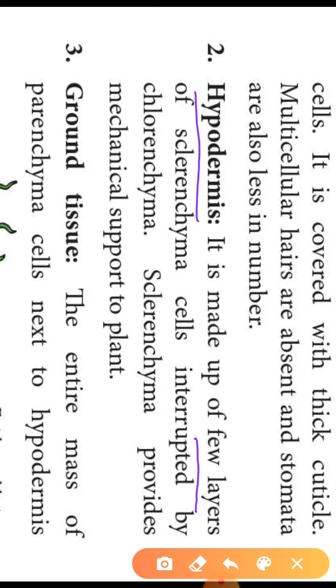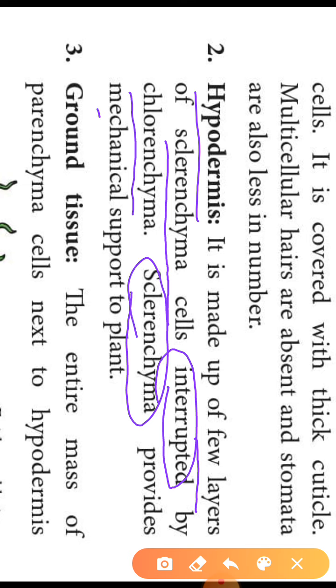Few means some. Some layers are sclerenchyma cells. Sclerenchyma cells, write the meaning, strong cells, interrupted by chlorenchyma cells. We know what a chlorenchyma cell is, isn't it? Sclerenchyma provides mechanical support to the plant.